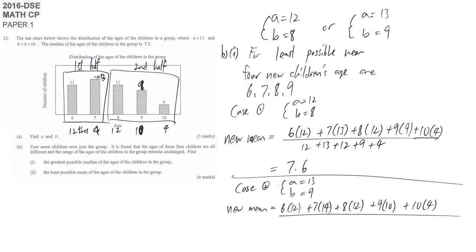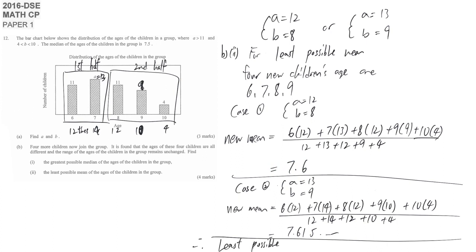The total number of children is 12 plus 14 plus 12 plus 10 plus 4, and the mean is equal to 7.615 something. So this is smaller, so our least possible mean is equal to 7.6.